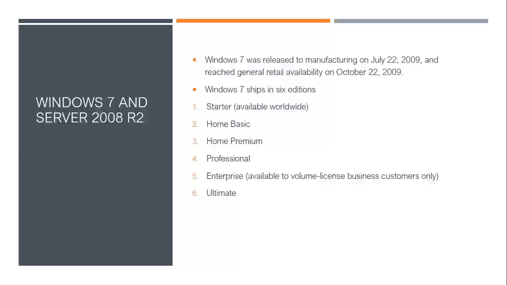Windows 7 has six editions: Starter, Home Basic, Home Premium, Professional, Enterprise, and Ultimate. After that, Server 2008 R2 was released, and it has editions: Foundation, Standard, Web, Enterprise and Datacenter.